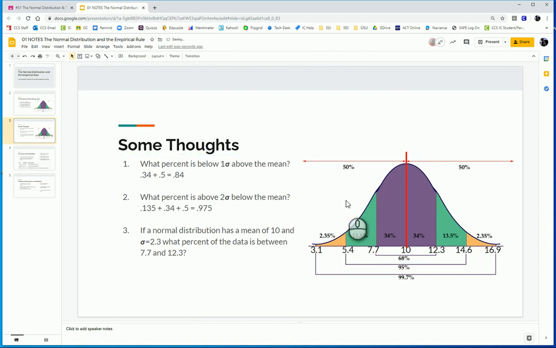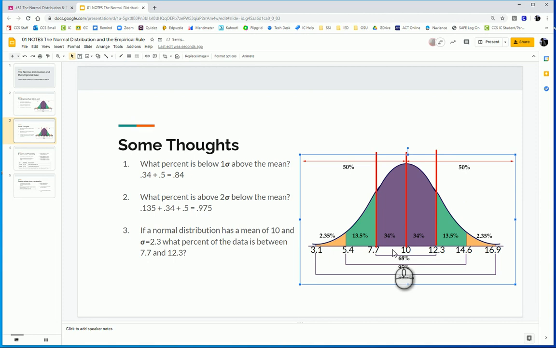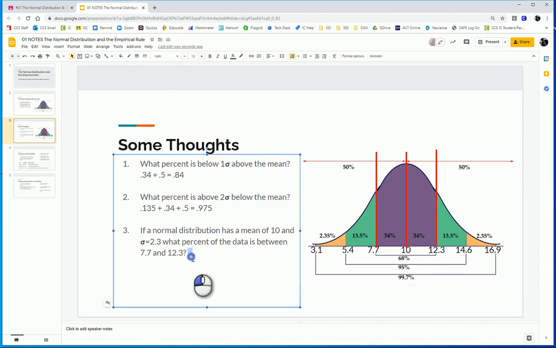Okay, so we're asking what percent of the data is between 7.7 and 12.3? So between here and here. Okay, well, that's 34% plus 34%, which is 68%.